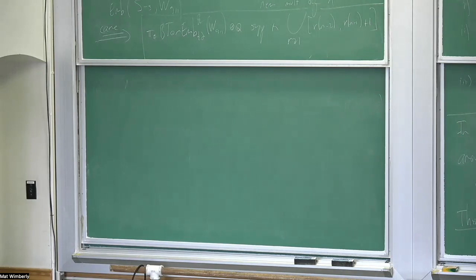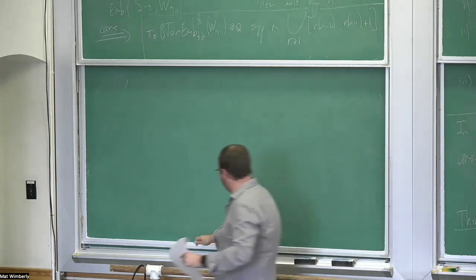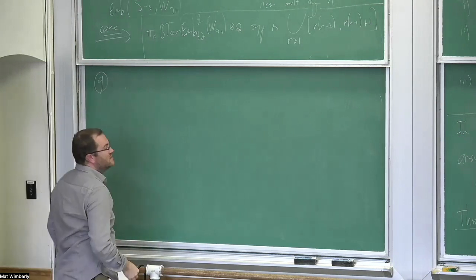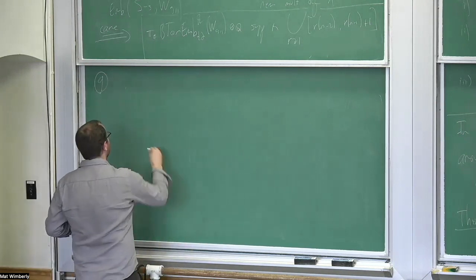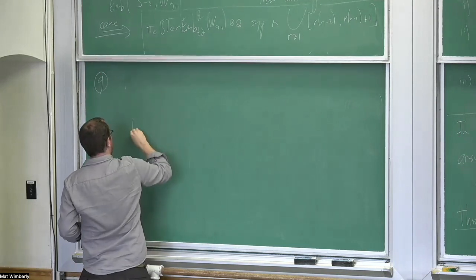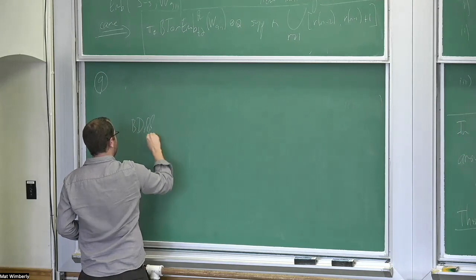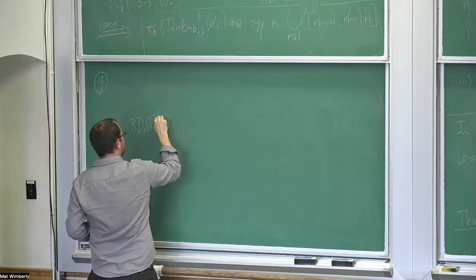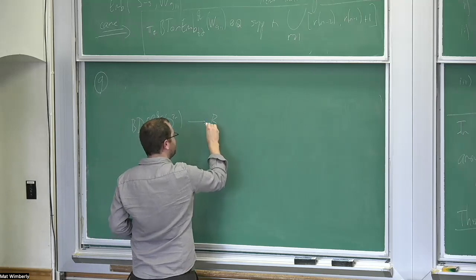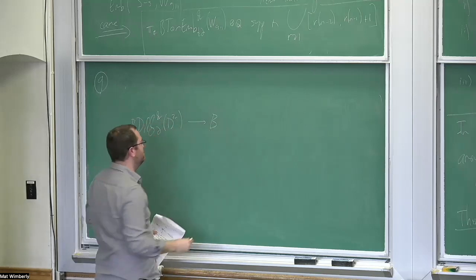Let me draw the fundamental diagram of this business. So there's the framed version of this fiber sequence, and let me go to the corresponding covering spaces that correspond to the 2 group.